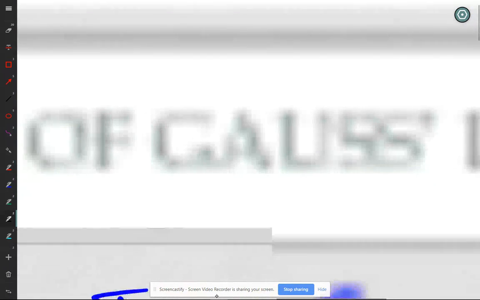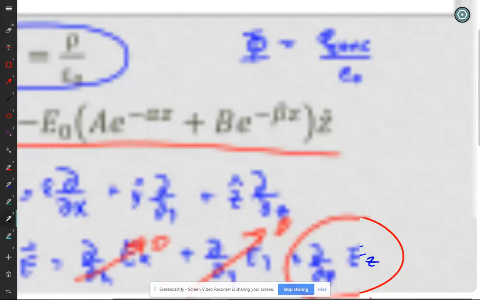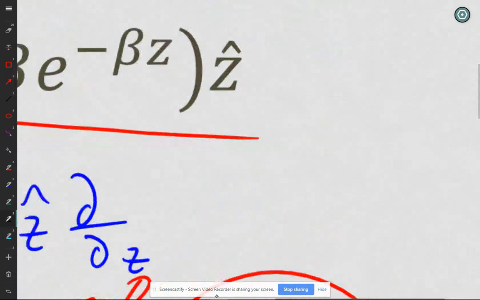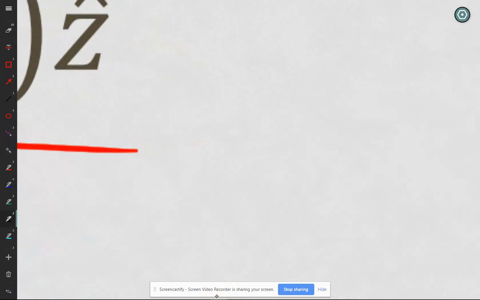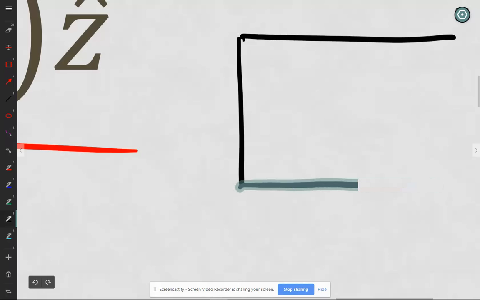I totally ran out of space, so it's going to be a small graph right here. It was negative, so I actually should put my axis up here.